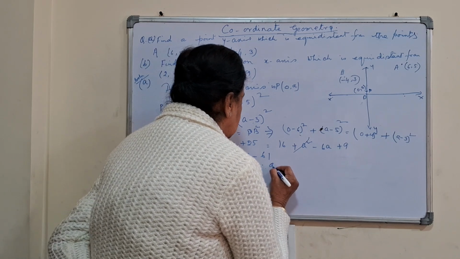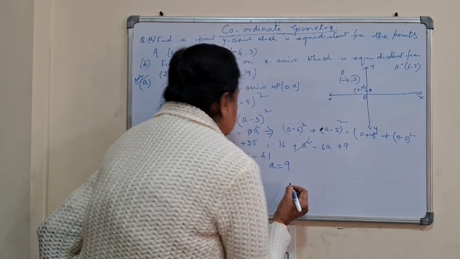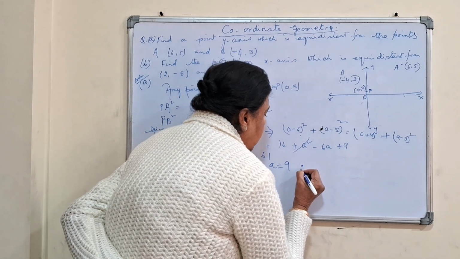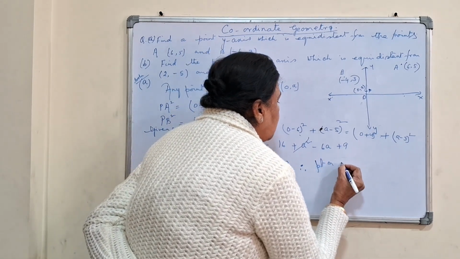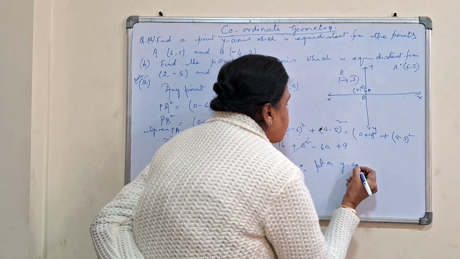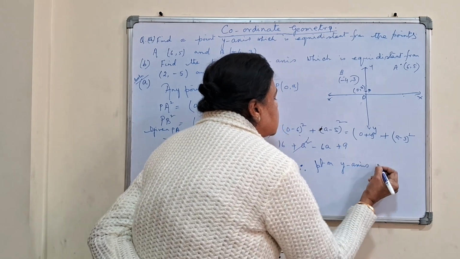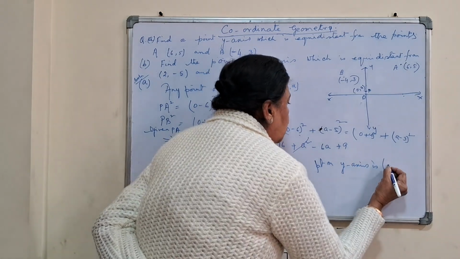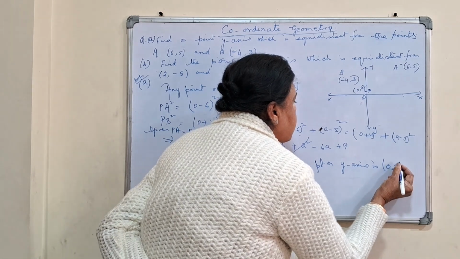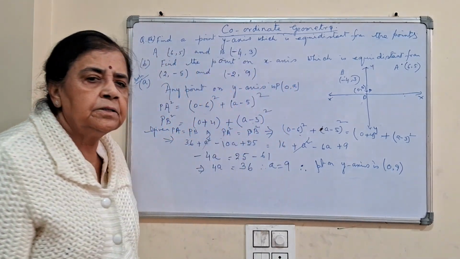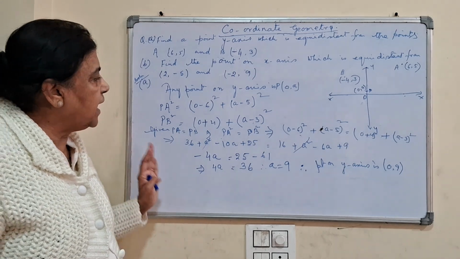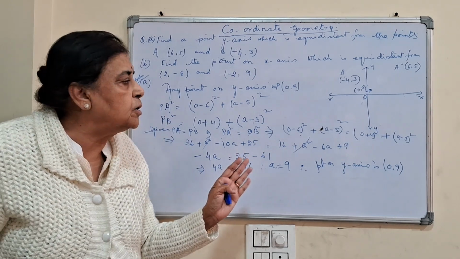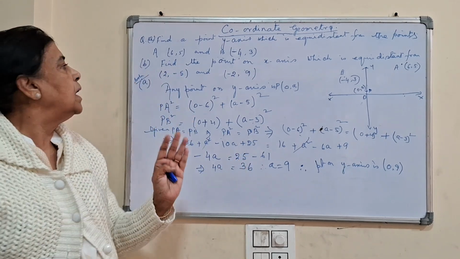Therefore, a is equal to 9. So the point on the y-axis is (0, 9). Have you followed? This is the point on the y-axis, because on the y-axis x is 0.